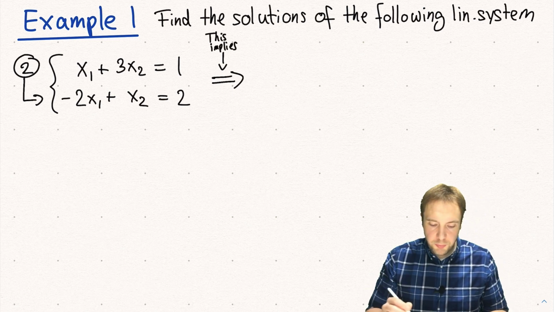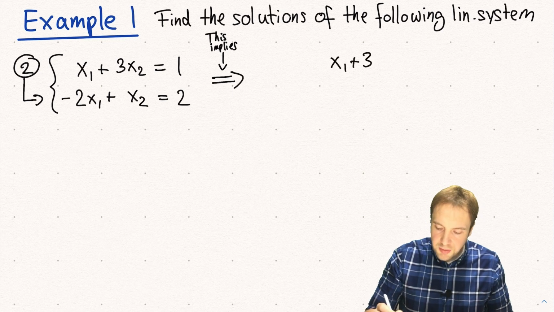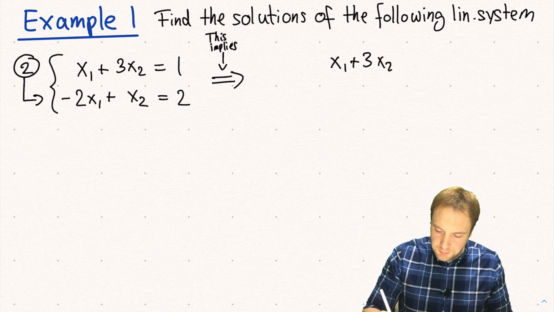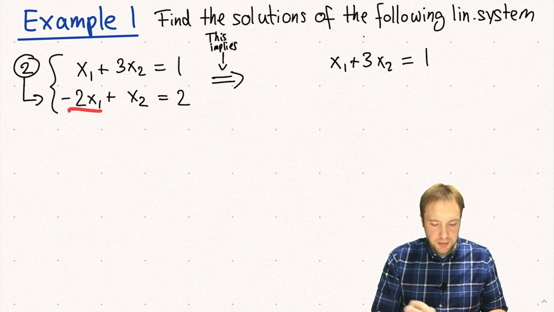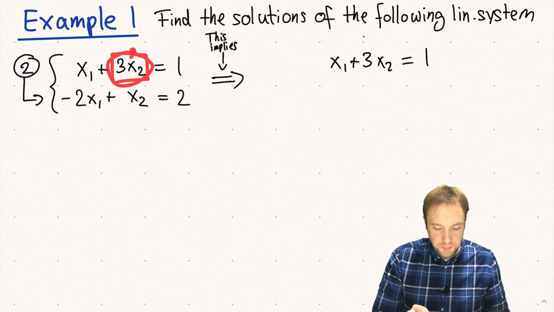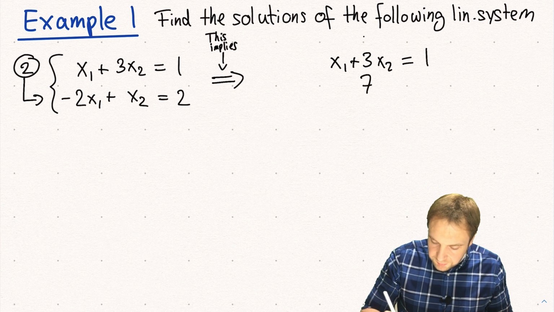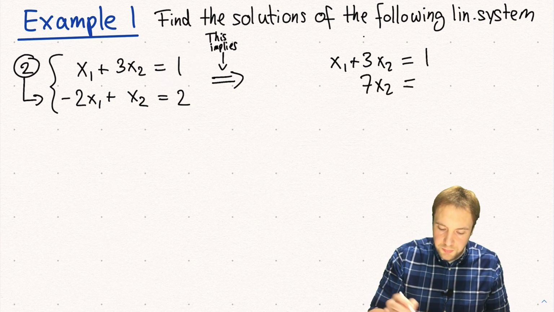So if I do this, what I get is, well, the first equation I didn't touch, so it's still x1 plus 3x2 equals 1. And in the second equation, I now get rid of this x1, but I also add 2 times 3x2, so it's 6x2 to this. So here I have 7x2. And on the right hand side, I add 2 to 2, so it's 4.